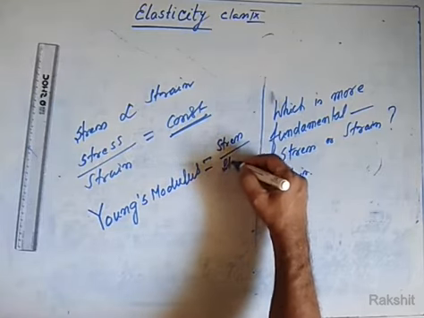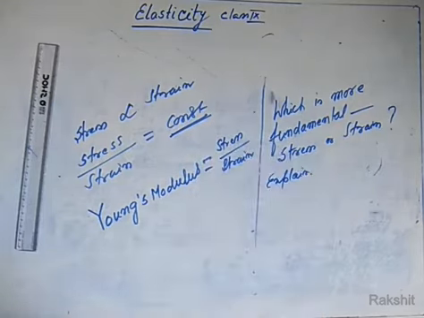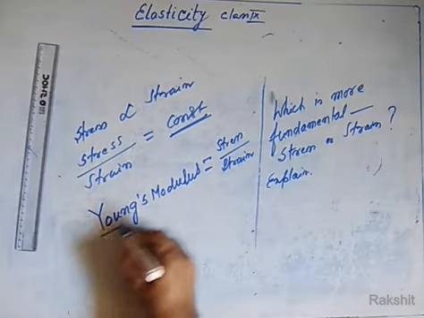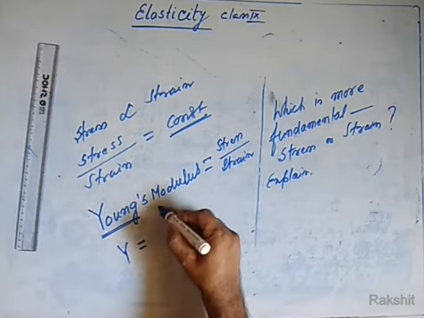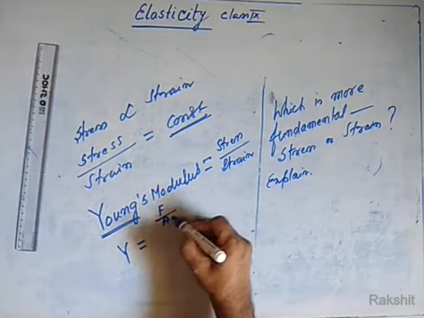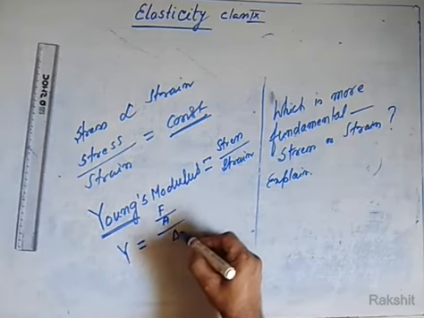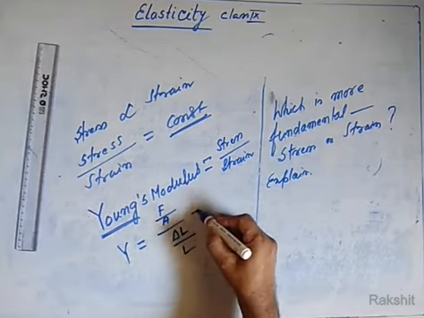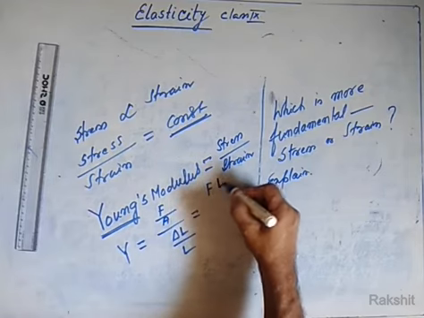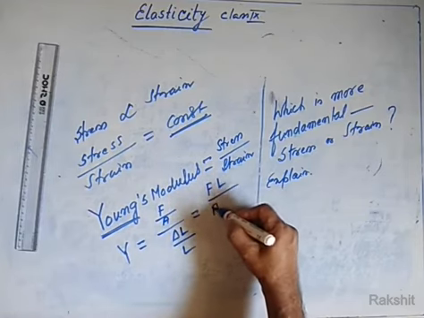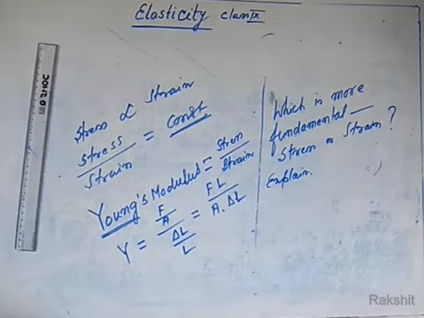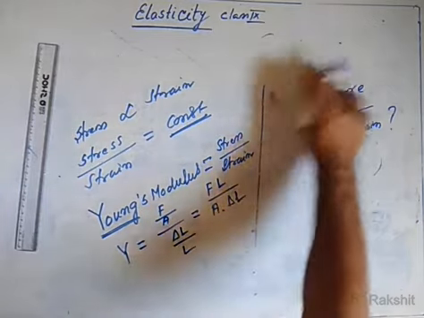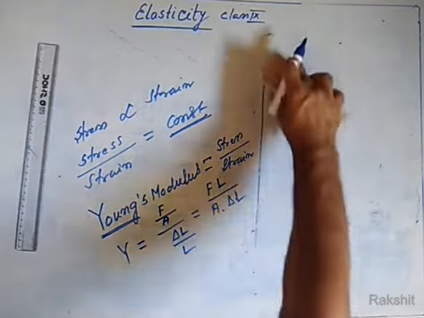It is denoted by Y. Stress is equal to F by A, and strain is delta L by L. So this is equal to FL by A delta L. Now, this is the mathematical form of Young's modulus.